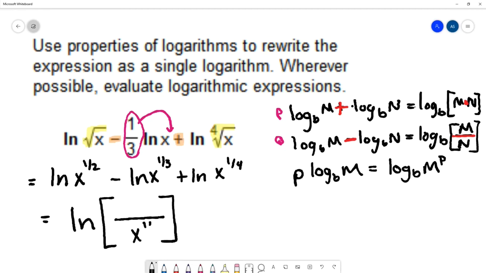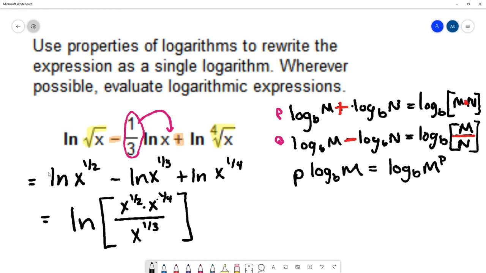We're going to have an x to the 1/3 in the denominator. And we have addition, so we'll use multiplication, x to the 1/2 times x to the 1/4. So on this step here, I used both the product and the quotient rule at the same time.